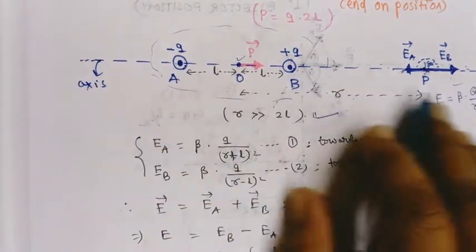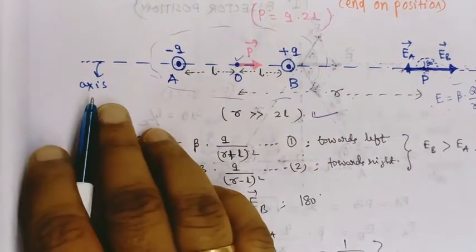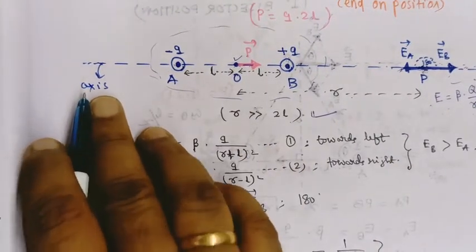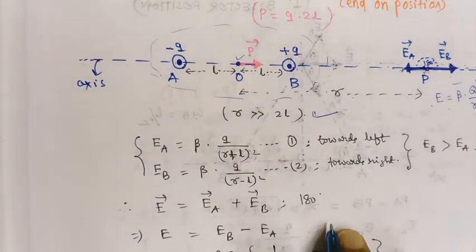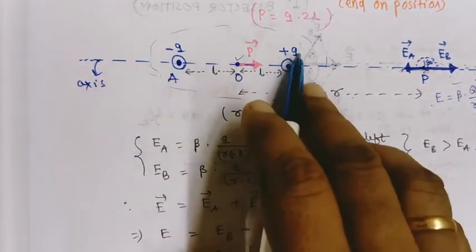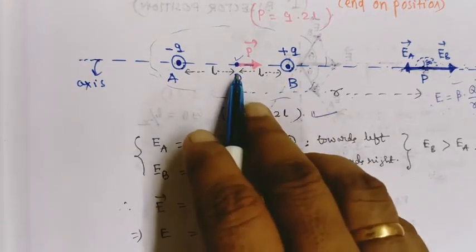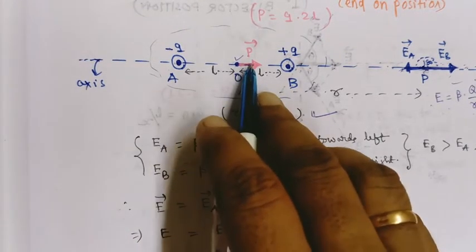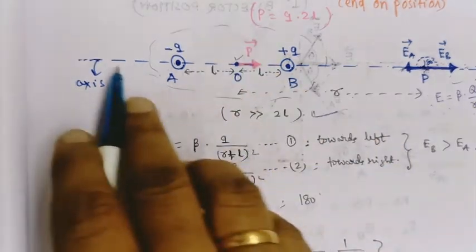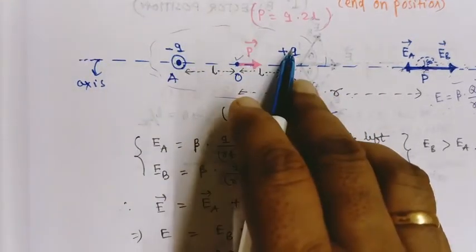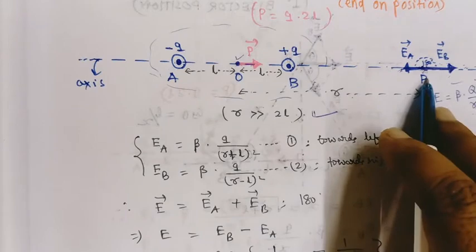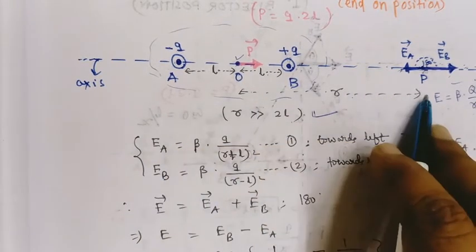Now we clear this diagram. Again I am repeating, while you do the diagram, first draw the axis, with two charges minus q and plus q situated at A and B. O is the center of the dipole, and p is the dipole moment vector along the axis from negative charge to positive charge. The desired point is P, which is at distance R from the center of the dipole.